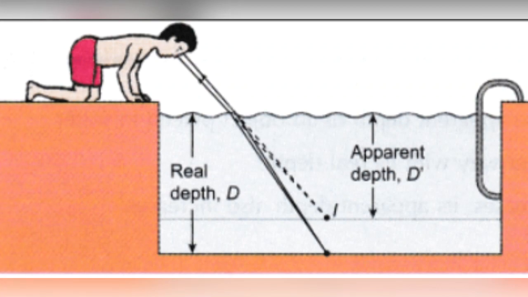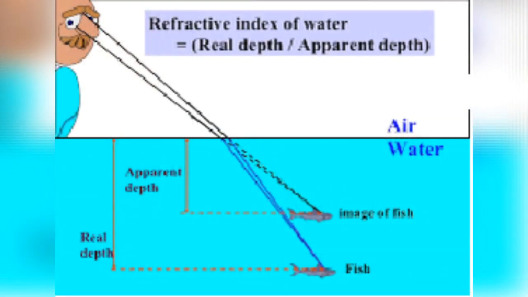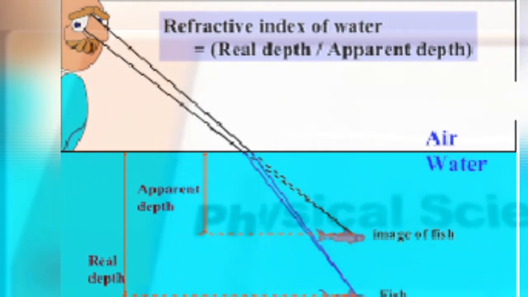That is, a water pond appears shallow. This is why a fish, when seen from air, appears to be nearer to the surface of water than the actual depth. We can see some more examples for the apparent rise of the object in denser medium.